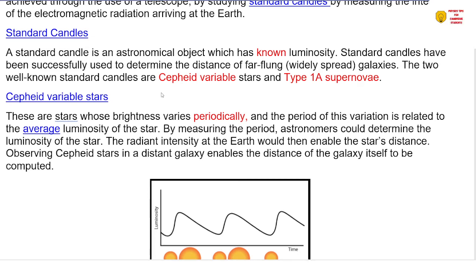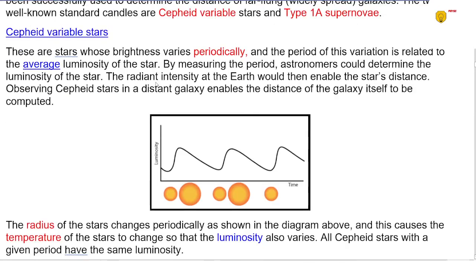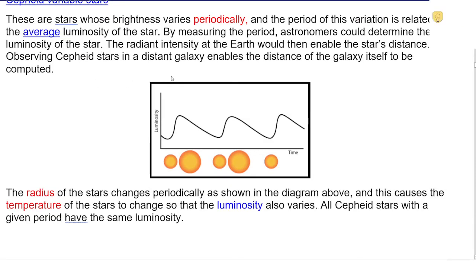Right, so Cepheid Variable stars. These are stars whose brightness varies periodically, and the period of this variation is related to the average luminosity of the star. So by measuring the period, astronomers could determine the luminosity of the star. The radiant intensity at the Earth would then enable the star's distance to be measured.